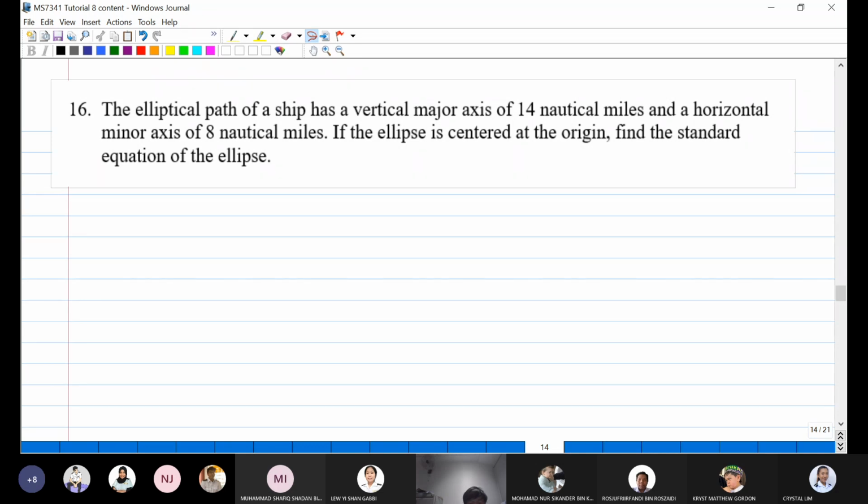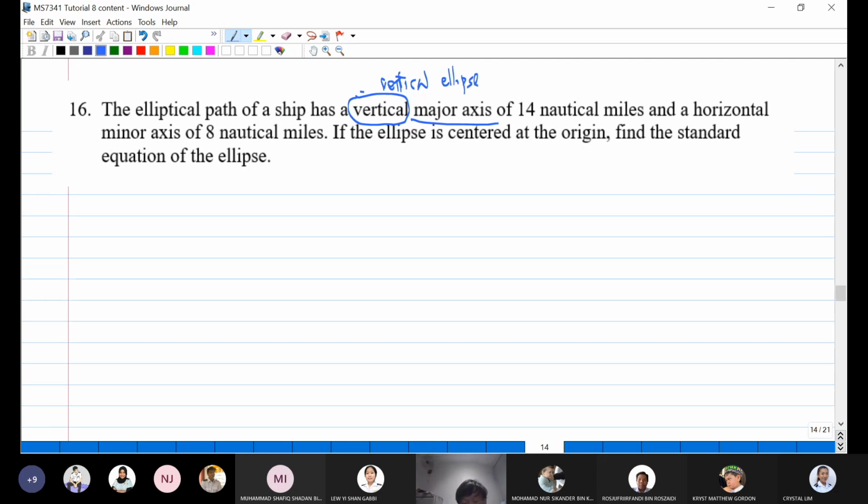It has a vertical major axis. They tell you the major axis is vertical, right? So this means this is a vertical ellipse now.